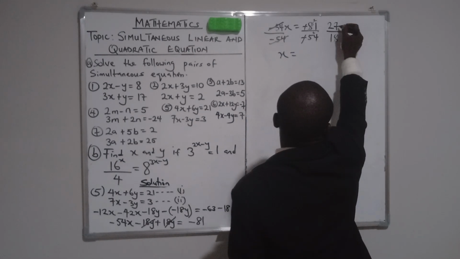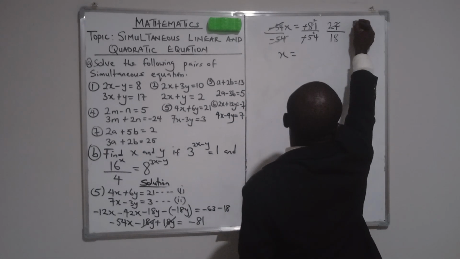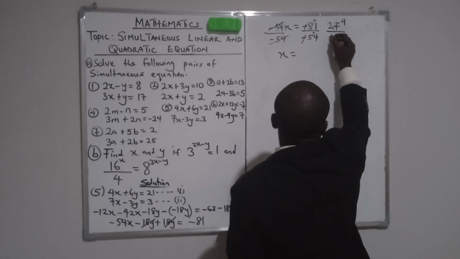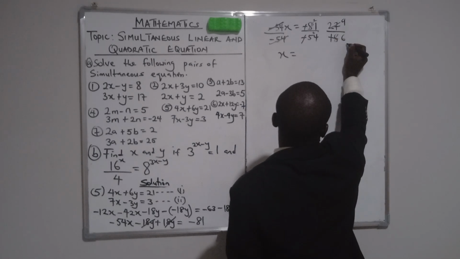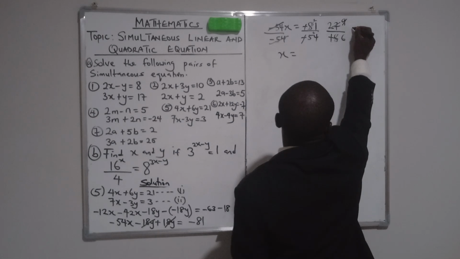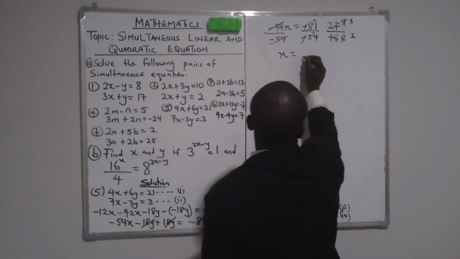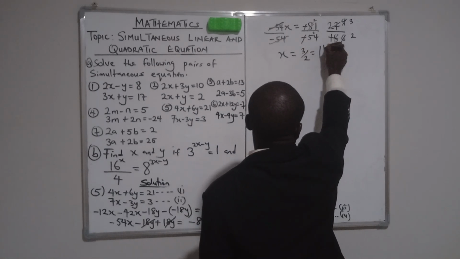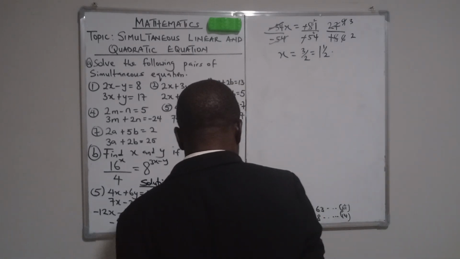What can still go? 3 goes in 27, that's 9. 3 goes in 18, 6. 3 goes in 9, 3. 3 goes in 6, 2. x equals 3 over 2, which is equal to 1 number 1 over 2. That's x.